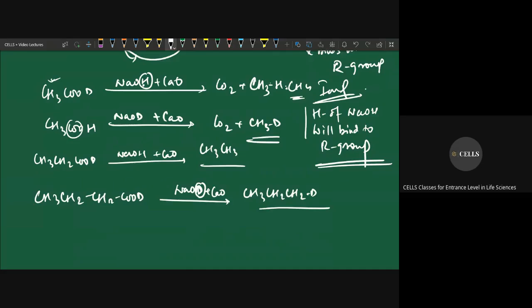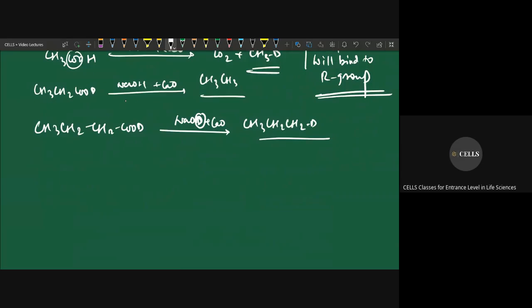So suppose if you have HCOOH, NaOH plus CaO. Then what will be the answer? This will go out, this H will come and bind to this. So here the R is nothing but H. So H2 plus CO2.